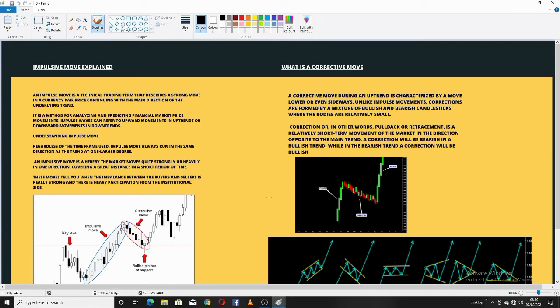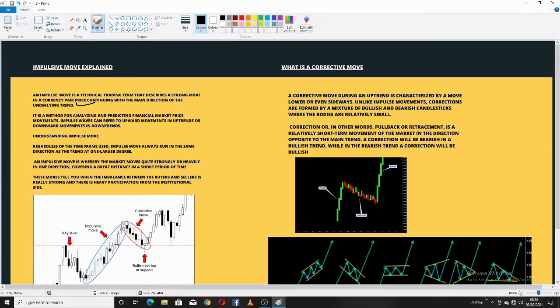So let me explain in more detail what an impulsive move is and what a corrective move is. An impulsive move is a technical trading term that describes a strong move in a currency pair's price continuing with the main trend, in the main direction of an underlying trend.